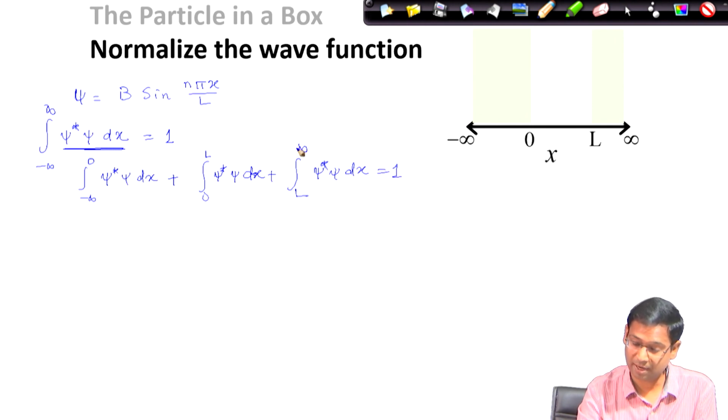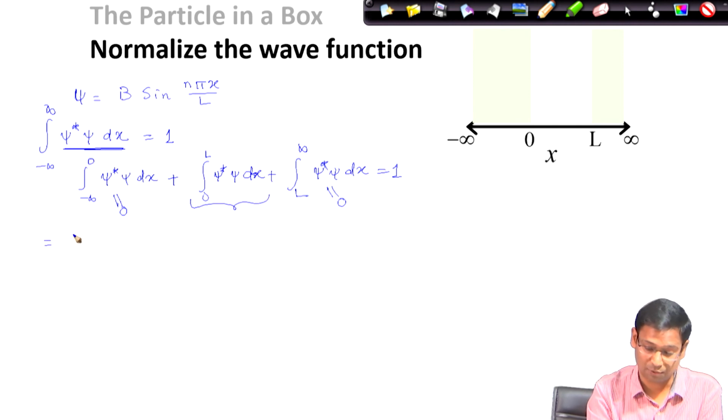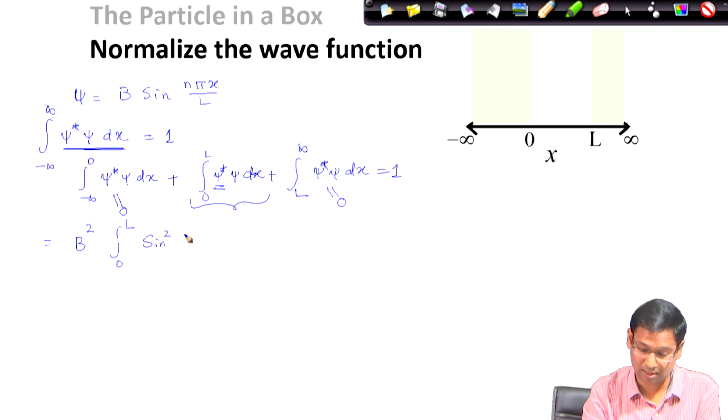But we know that between L and infinity the wave function is 0, and between minus infinity and 0 the wave function is also 0. Only the region from 0 to L is finite. We already know psi is b times sine, so psi star will have a b squared term. So, we have b squared, integral from 0 to L of sine squared of n pi x divided by L dx.